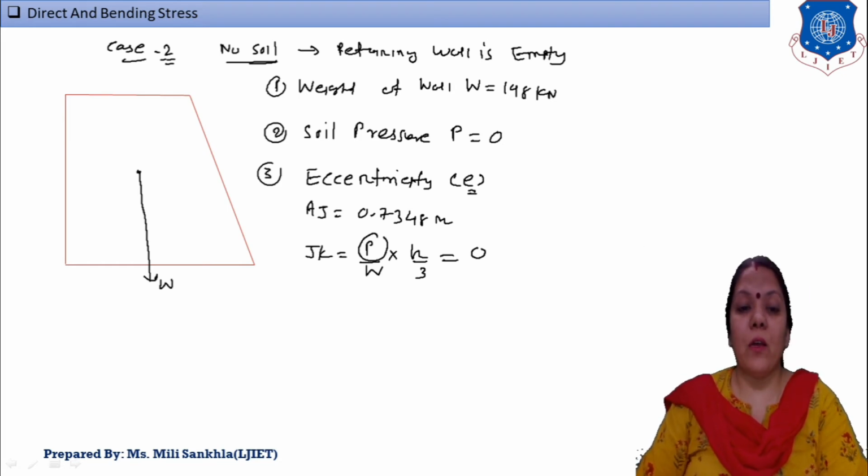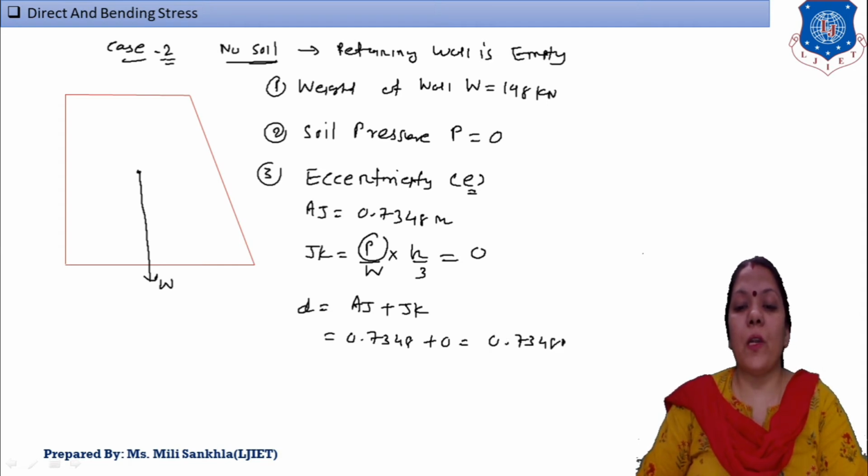Now write down D is equal to summation of Aj plus Jk. What is Aj? 0.7348 plus 0 is equal to 0.7348 meter. Now we find out eccentricity E. Eccentricity E is equal to D minus B by 2.